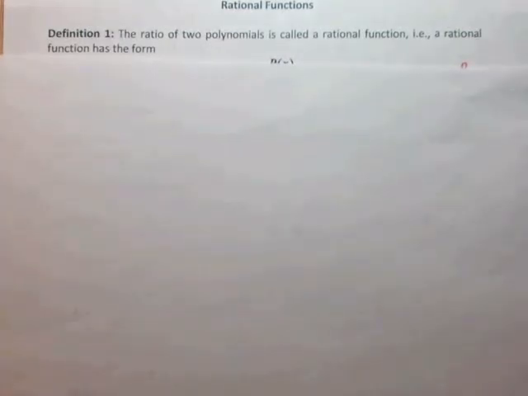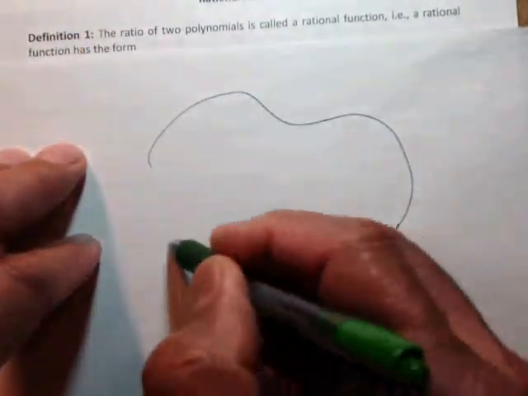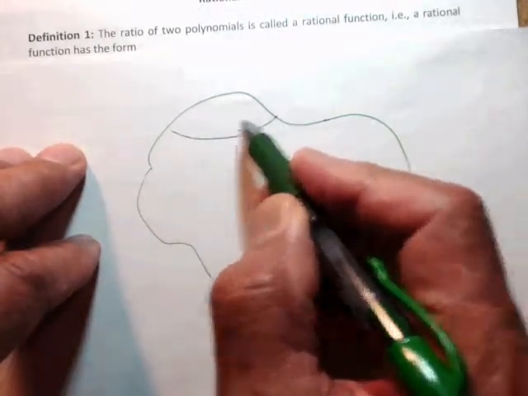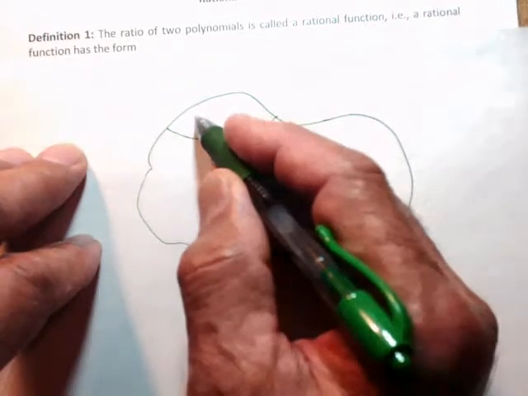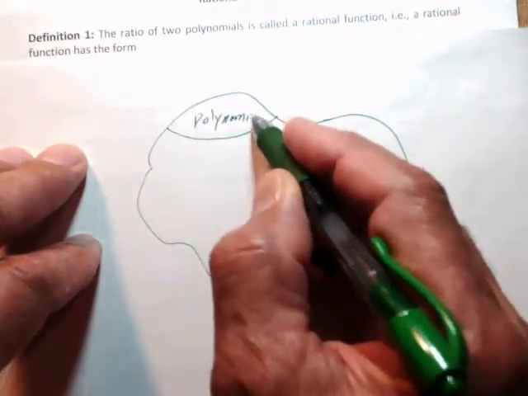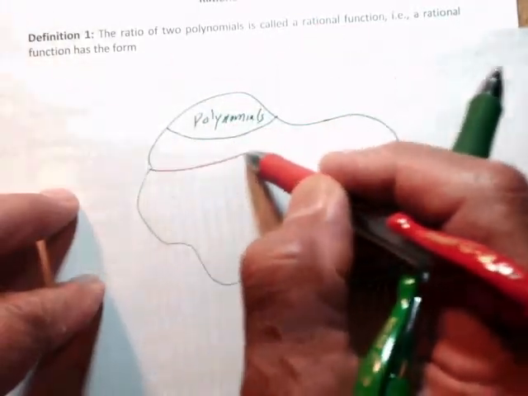Let's say this is all the functions in the whole world, and this part of it is one family, the polynomials. And there is another family of rational functions.